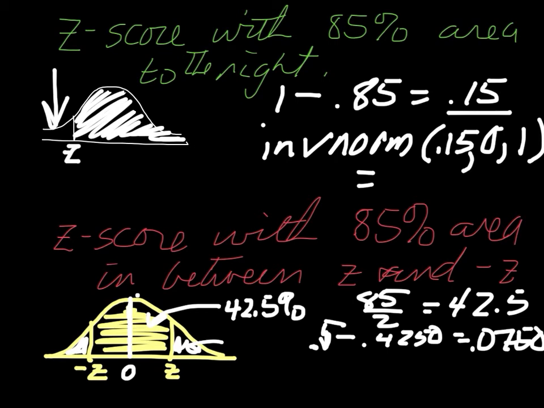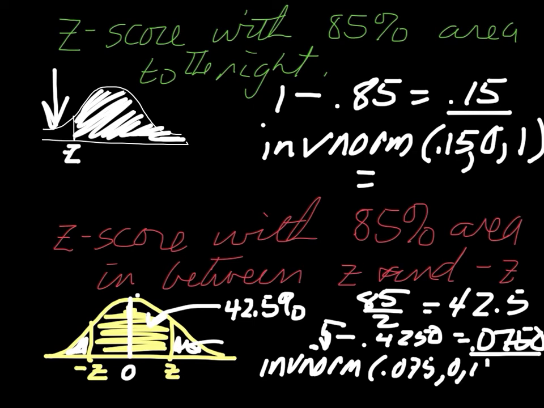But that's the area to the left, so I would look this up on a table. Or, if you wish, I can use the inverse normal and do 0.075, comma 0, comma 1, and that'll give me the z-score.